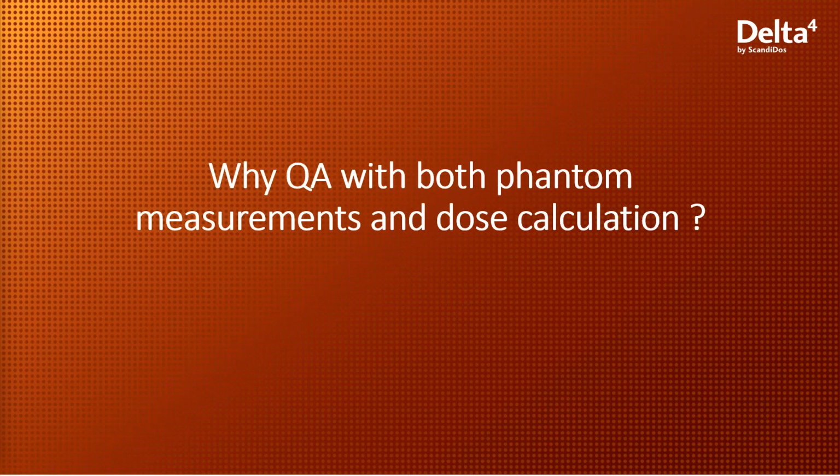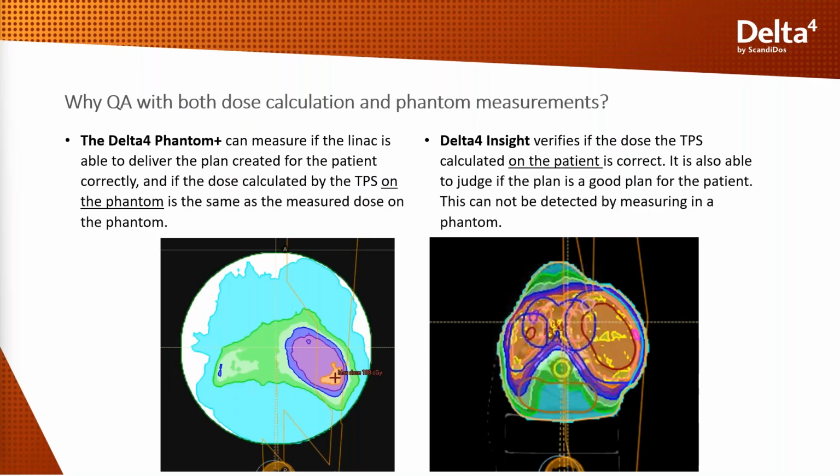So why do we need to do QA both with the Phantom measurements and the dose calculation? Well, look at the following. The Delta4 Phantom Plus is a device that can measure if the LINAC is able to deliver the plan created on the patient and delivering it correctly.